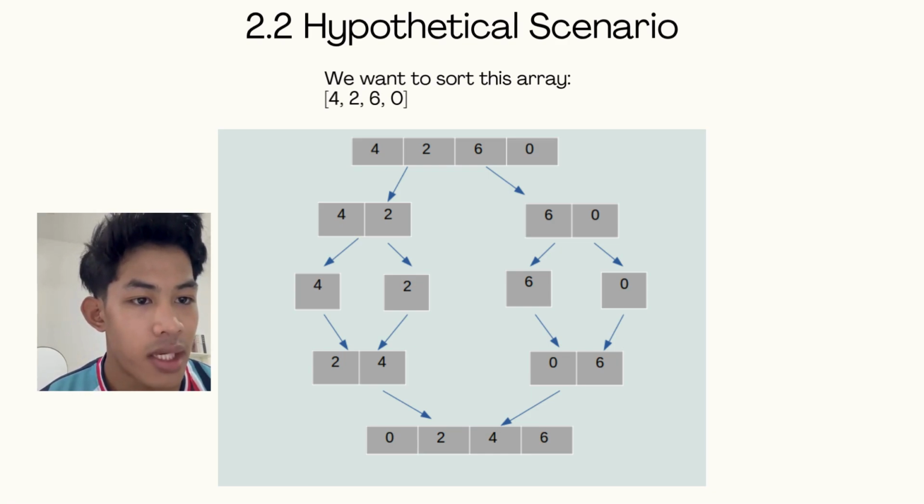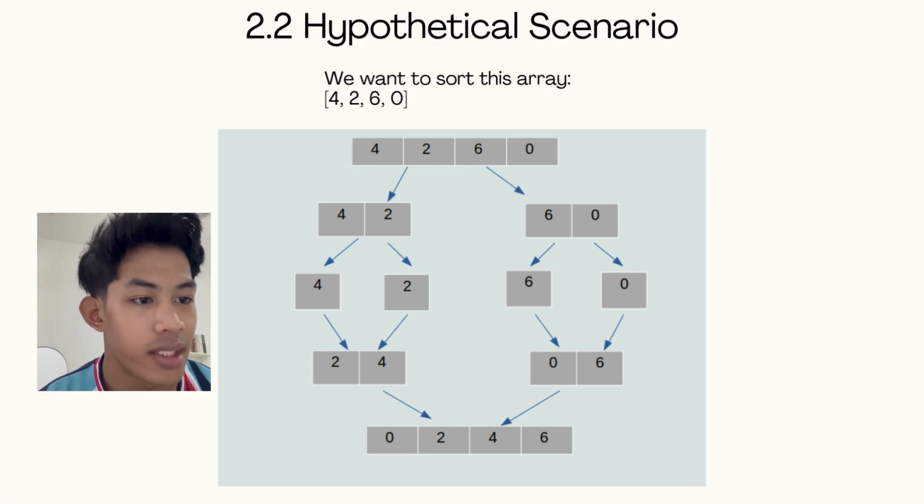Then at this level we start to merge them and compare them. Like 4 and 2: 2 is smaller, so 2 goes at the front and 4 goes at the back. The same goes for 6 and 0: 0 is smaller, so 0 goes at the front and 6 goes at the back.